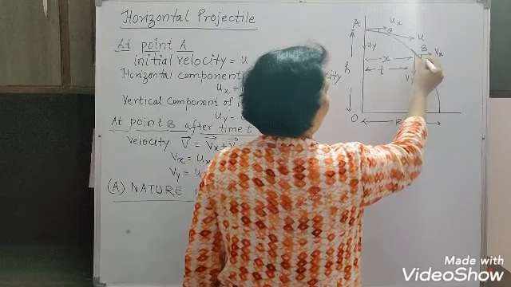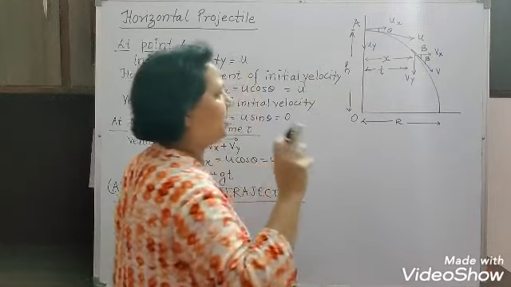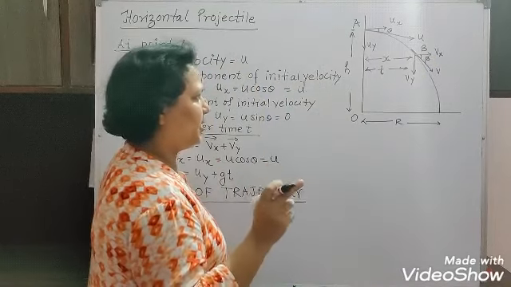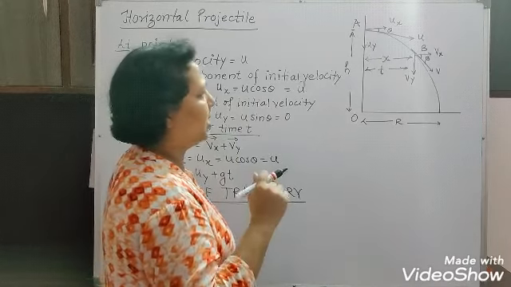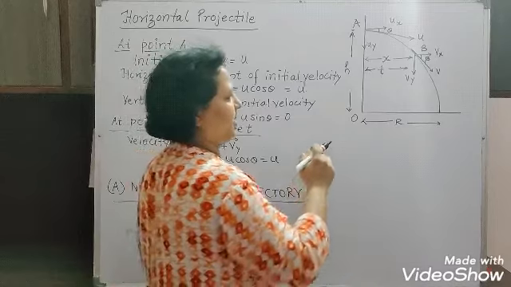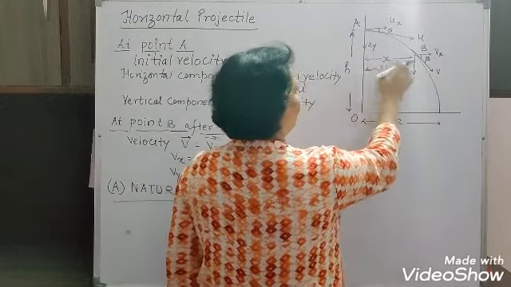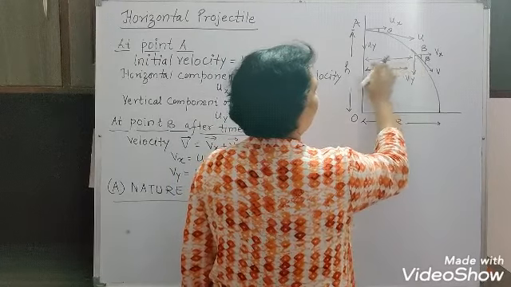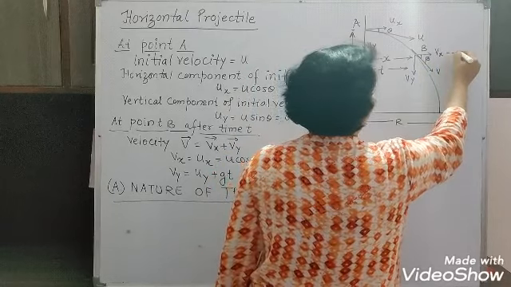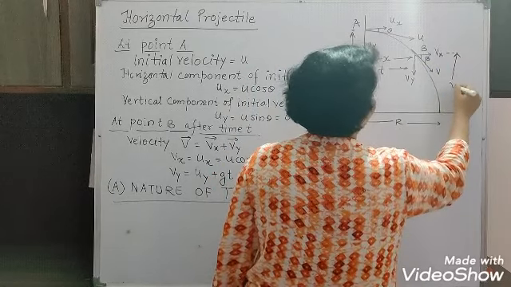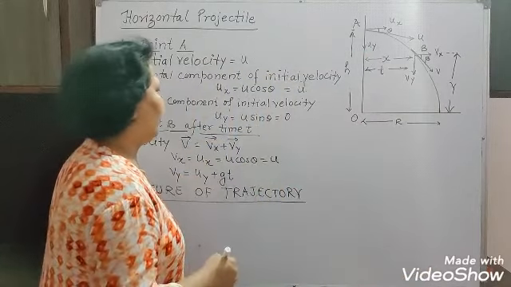Here it makes angle beta, which means the resultant velocity is directed at angle beta from the horizontal. The horizontal displacement is x, and we assume that the vertical displacement at this point is y.